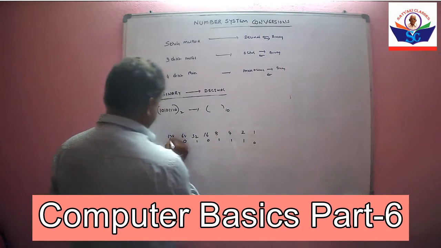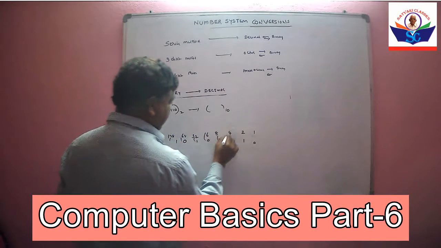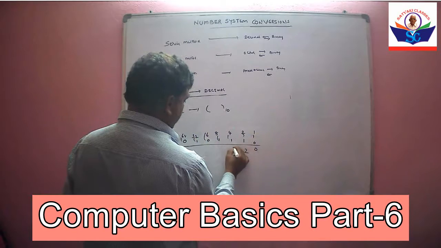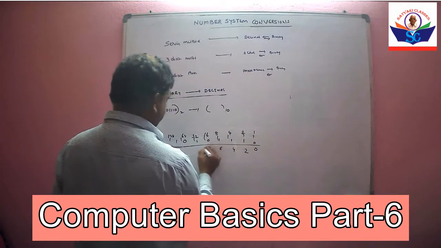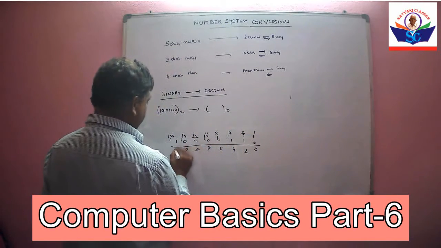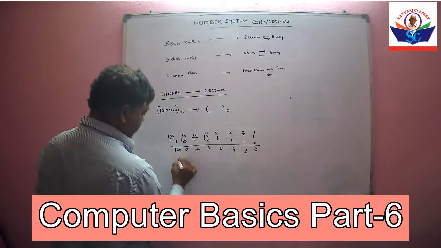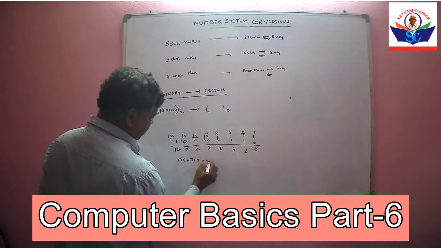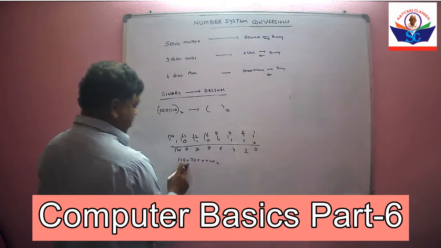Now multiply these numbers: 0, 2, 4, 8, 0, 32, 0, 128. Add 128 plus 32 plus 8 plus 4 plus 2.